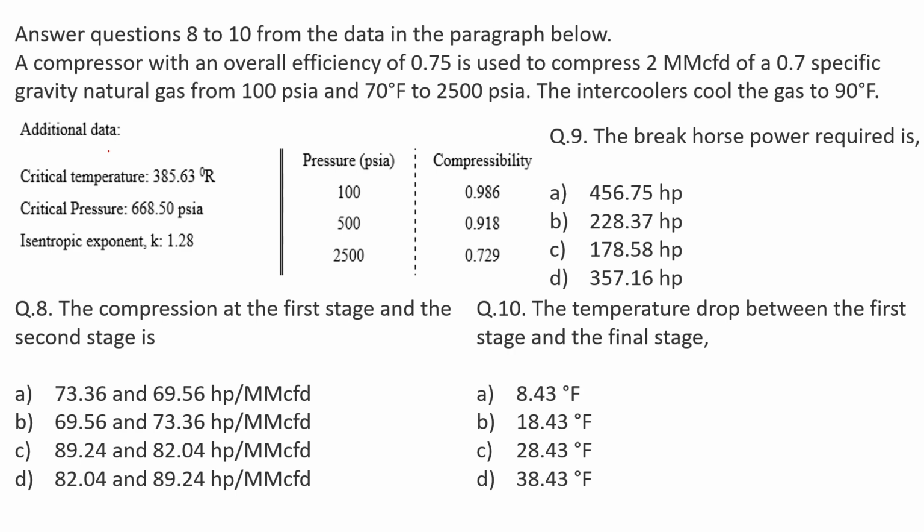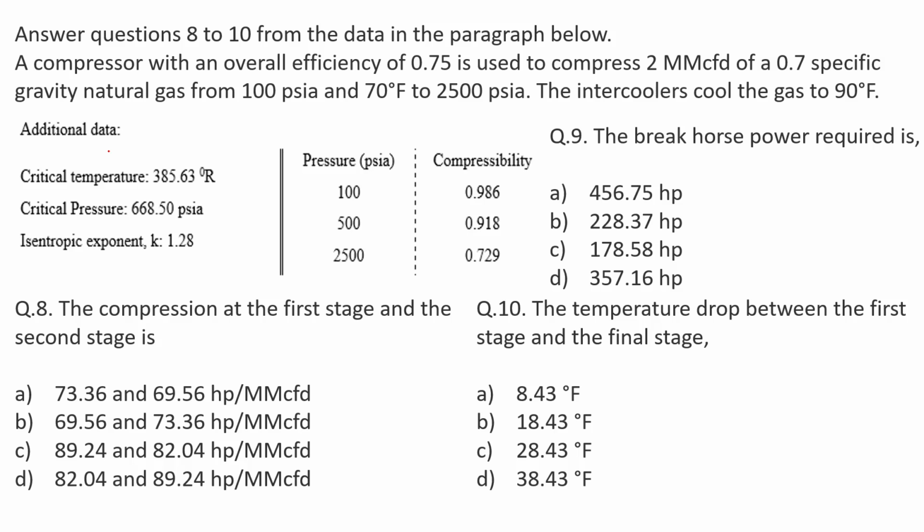So the next three questions are based on the given data. Answer questions 8 to 10 from the data in the paragraph below. A compressor with an overall efficiency of 0.75 is used to compress 2 MMCFD of a 0.7 specific gravity natural gas from 100 psi at 70 degrees Fahrenheit to 2500 psi.